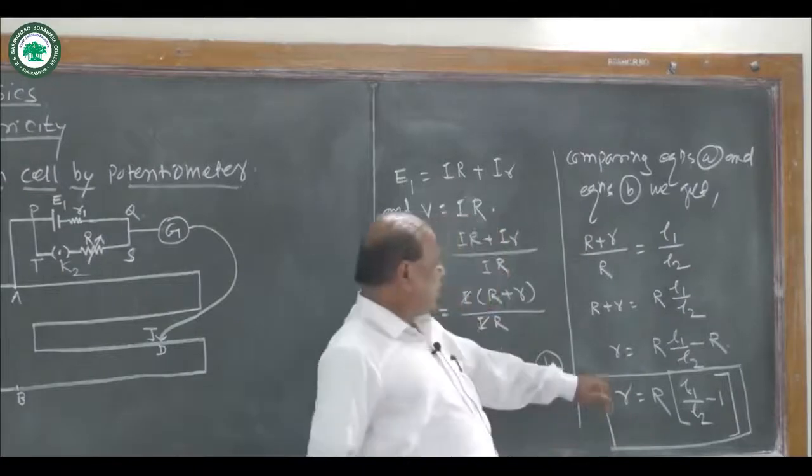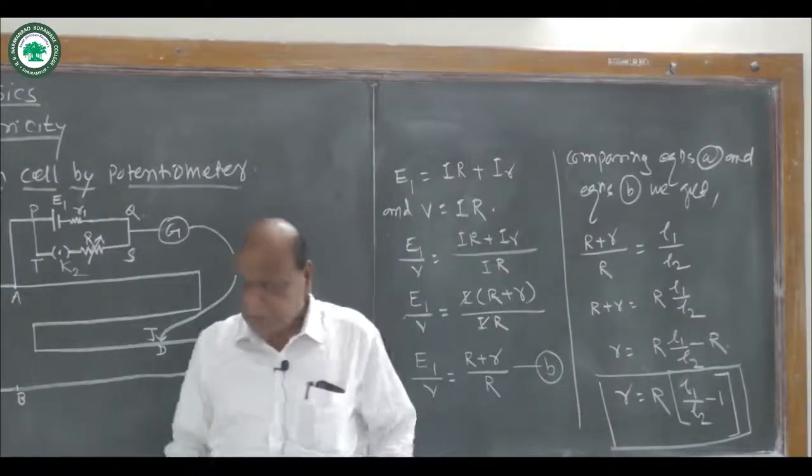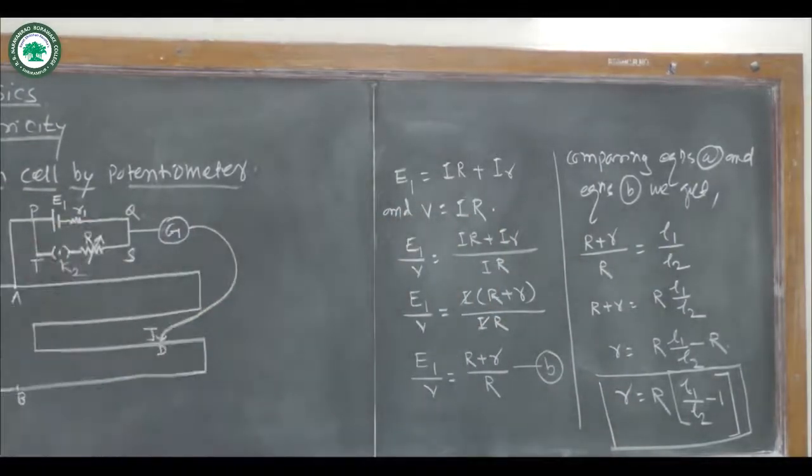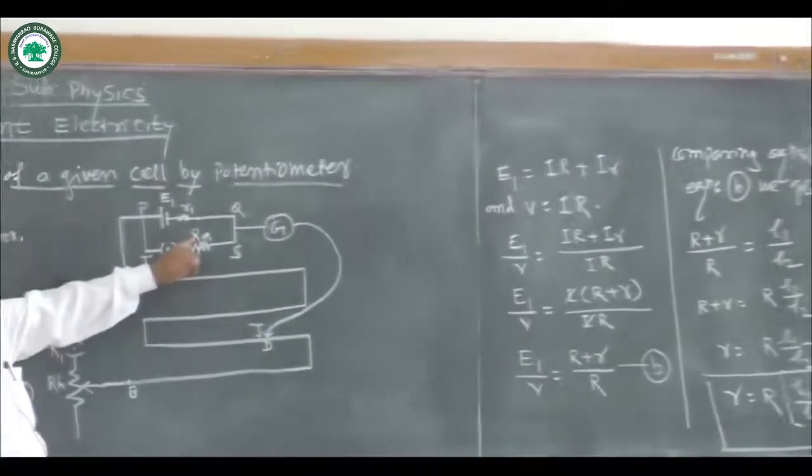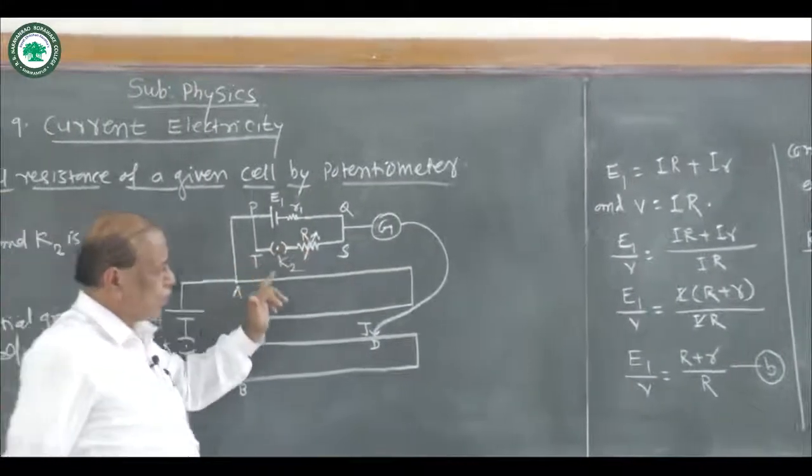Using this equation, we can calculate the value of internal resistance r, where the value of R is taken from the resistance box.